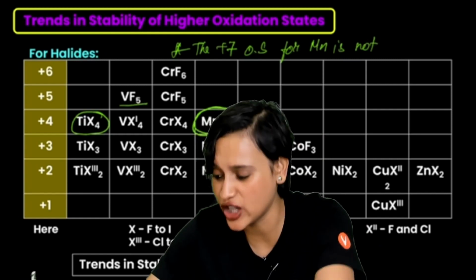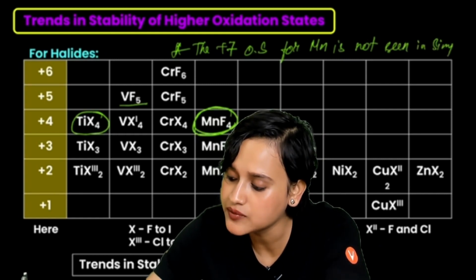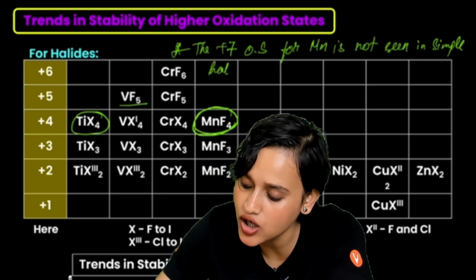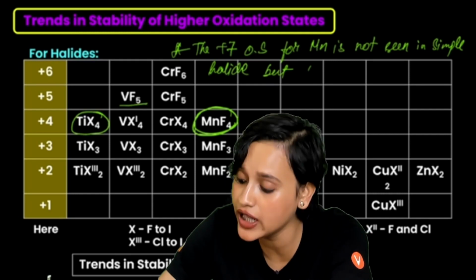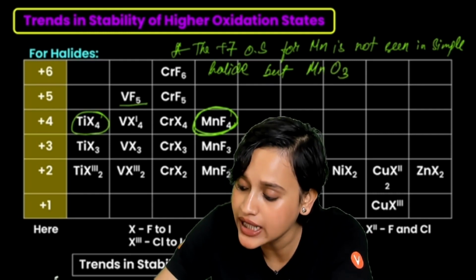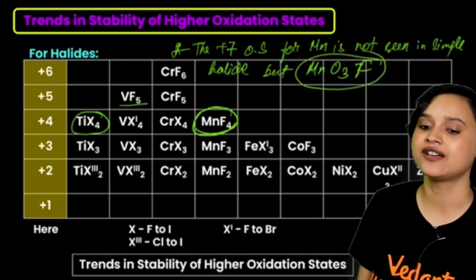That's what is written in your NCERT, it is not seen in simple halide, but you do get to see it in MnO3F. In MnO3F, you will get to see the +7 oxidation state.